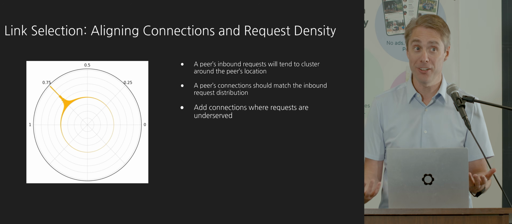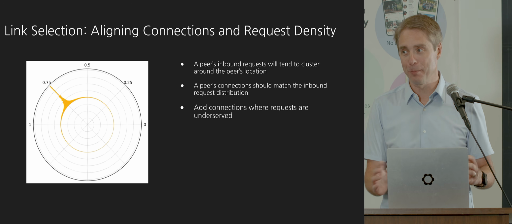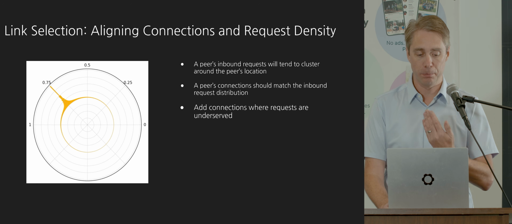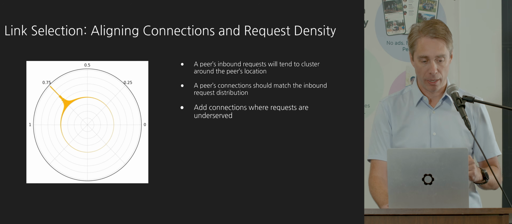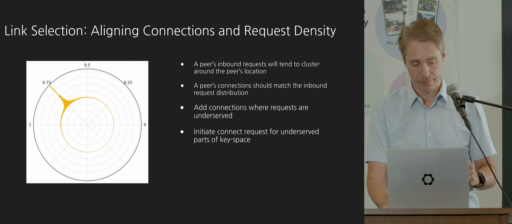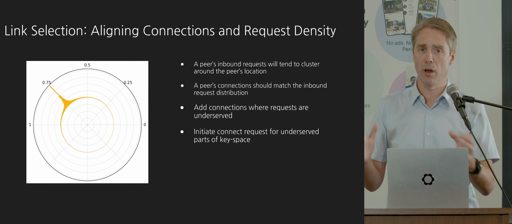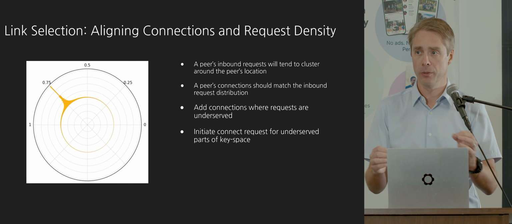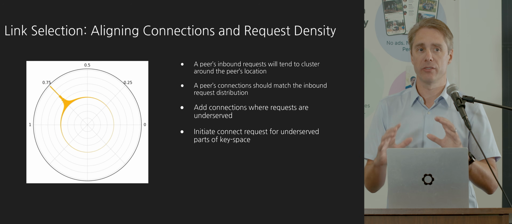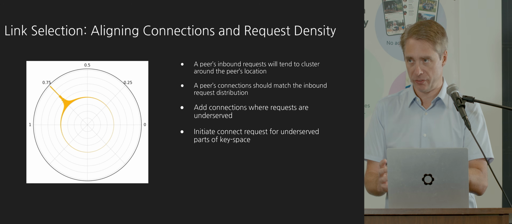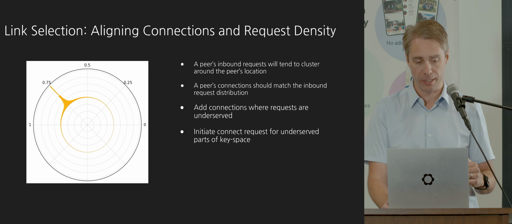You build up a reputation for knowing about these movies, and so more people ask you about them, and that ends up being a self-reinforcing emergent effect. So when a peer is deciding what other peers it wants to be connected to, what it's trying to achieve is a distribution of connections that matches the inbound requests that it's receiving.